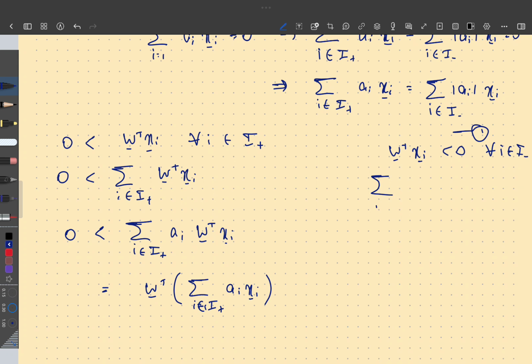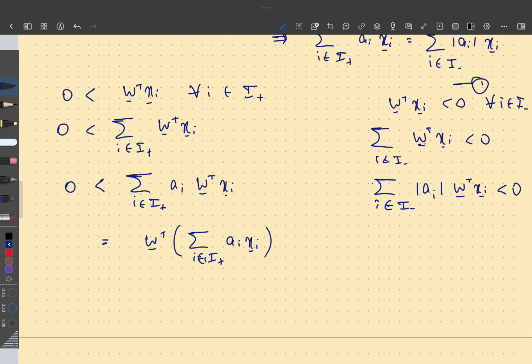So the summation over i in I minus of w transpose xi should be less than 0, and therefore the summation over i in I minus of mod ai times w transpose xi should be less than 0, and therefore w transpose times the summation over i in I minus of mod ai xi should be less than 0.